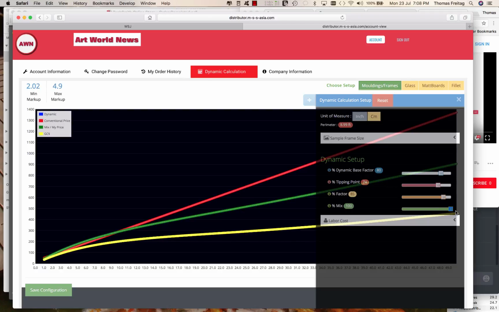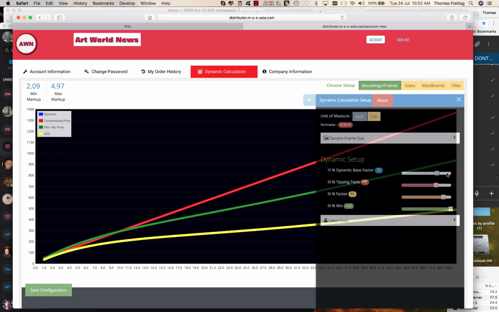We leave this at 100%, so the green line covers the blue line and shows the dynamic calculation. The red line shows your conventional calculation.